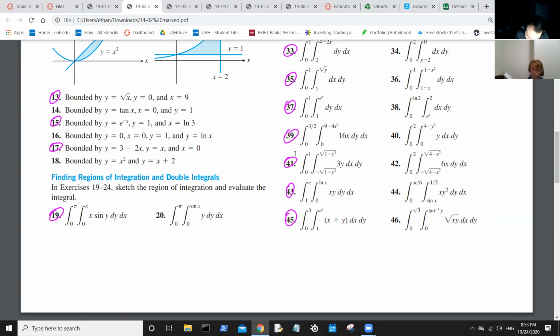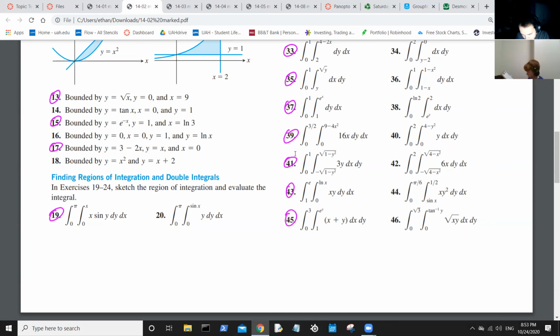Wait, I don't even know what's happening anymore. Is it the upper bound or the lower bound? So negative ln y is lower because that's the reevaluated e to the negative x. Looking this way, and then our upper bound.